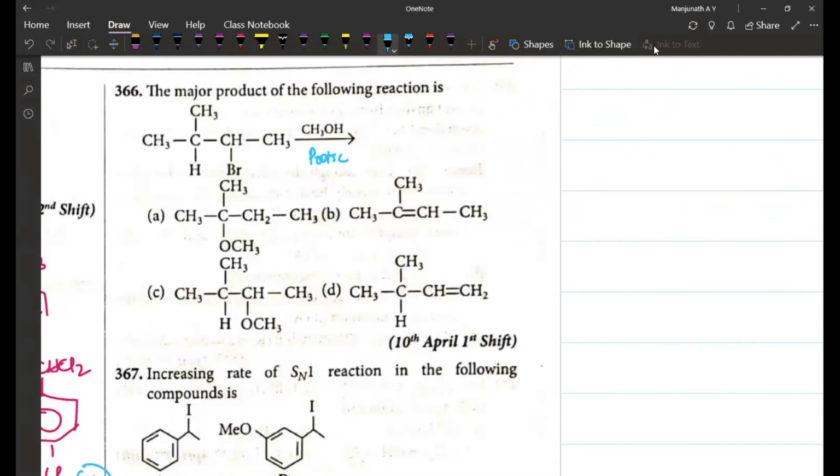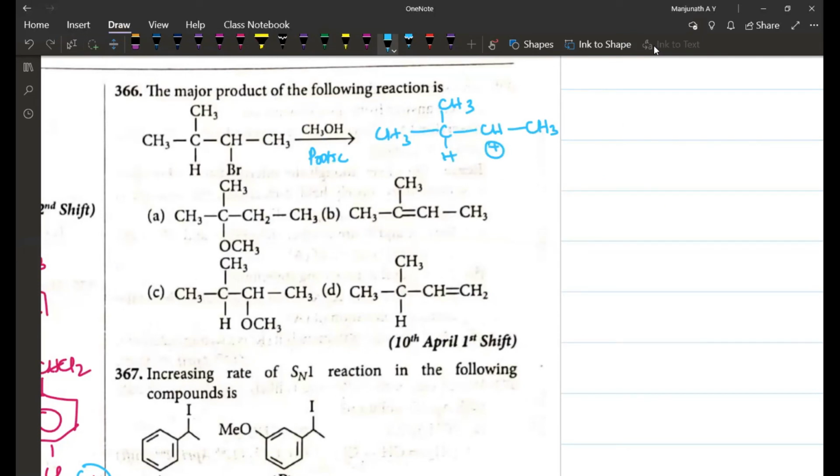So carbocation has to be forcefully formed here, though it is secondary. That means it will undergo elimination. Wrong. It will not undergo elimination. It will undergo elimination if there is a strong base. No, CH3OH is not a strong base.